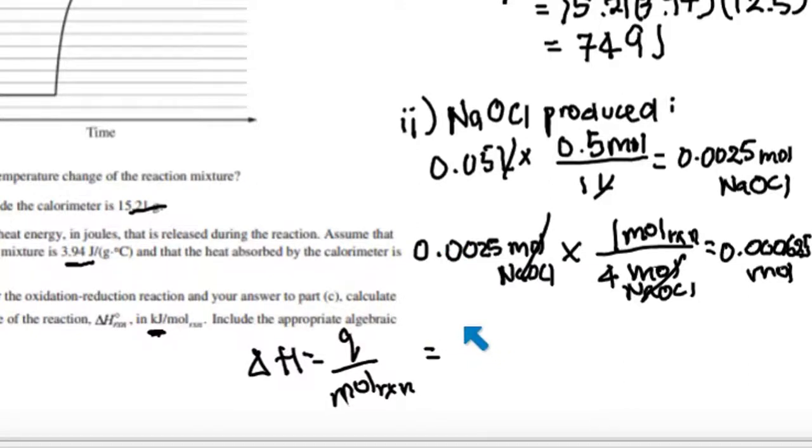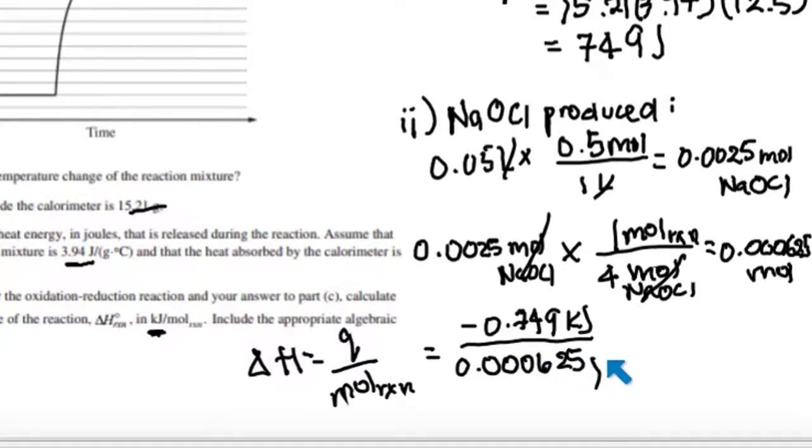And then when we convert it to kilojoules, it becomes negative 0.749 kilojoules over our mole reaction that is created, so 0.000625 moles. That is equal to negative 1.2 times 10 to the 3. And then your units are kilojoules per mole reaction. Okay?